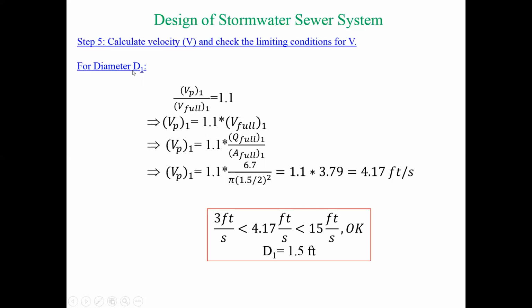So this diameter satisfies both conditions. The first is that it can carry the peak discharge. At the same time, it can maintain a velocity between the minimum and maximum permissible velocities. So this diameter is the perfect diameter for this sewer system. So D1 is 1.5 feet.